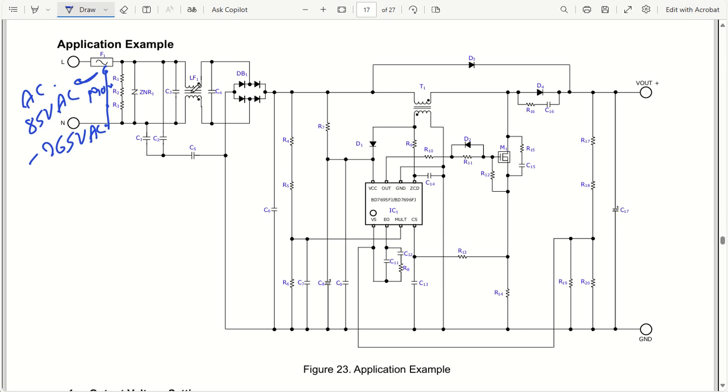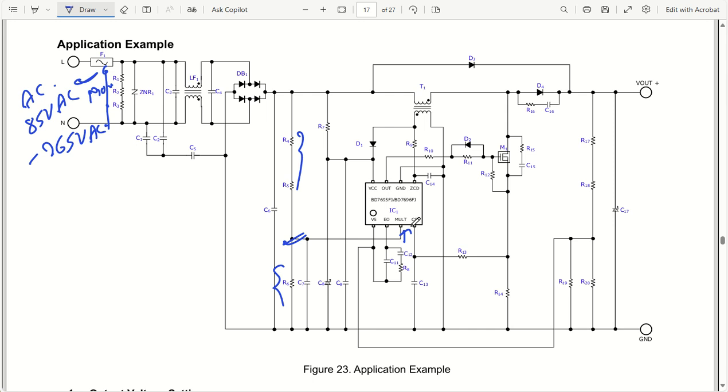Coming back to the CMC, the common mode choke, then again we have an X capacitor, and then we have a bridge rectifier that will be rectifying the input to a DC signal. So from AC we convert it to DC, and we will have one bulk capacitor here. At the same time, this is my multiplier pin resistor divider, which is going to decide a voltage level that goes to the multiplier pin.